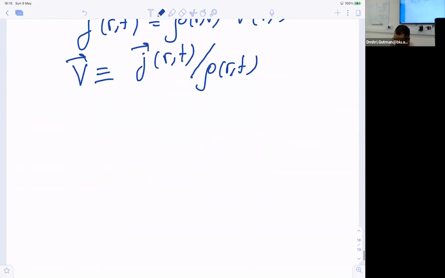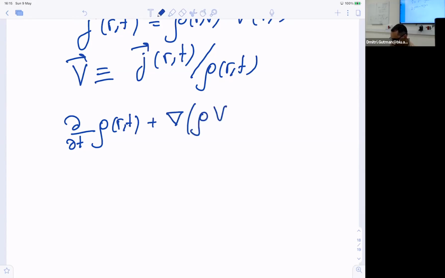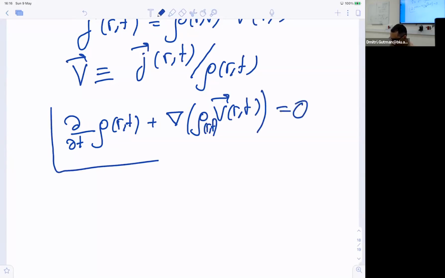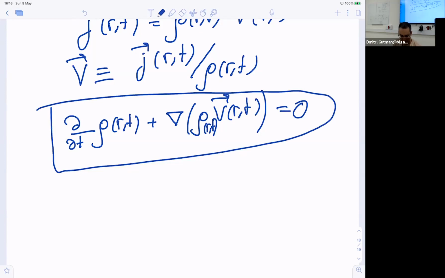And then the continuity equation reads... so this is the first of the fundamental hydrodynamic equations.